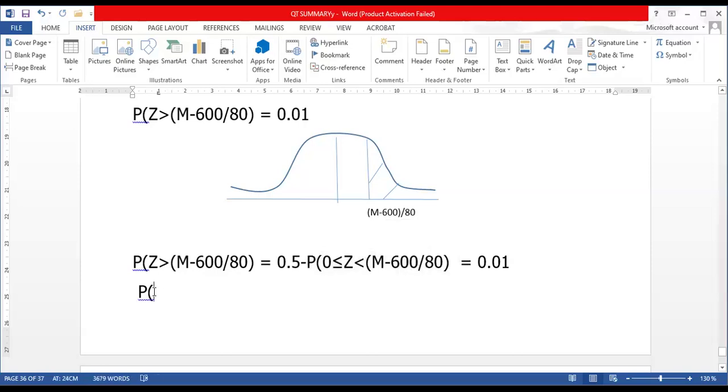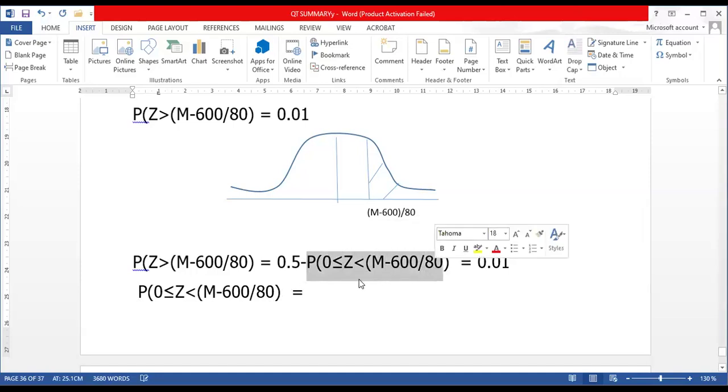How can I get it? It will be what? Someone tell me. This one you could take to the right side. So it will be 0.5 minus 0.01. Do you agree on this step?